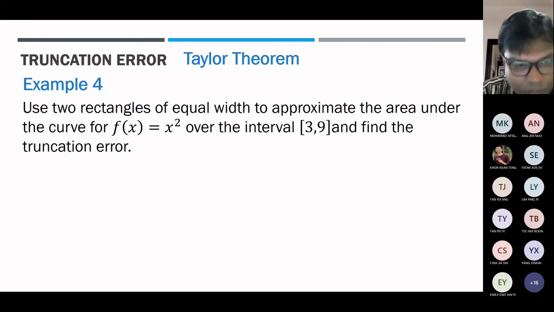Now they ask you to use two rectangles of equal width to approximate the area under the curve of the given function f(x) equals x squared for the interval 3 to 9, and find the truncation error.